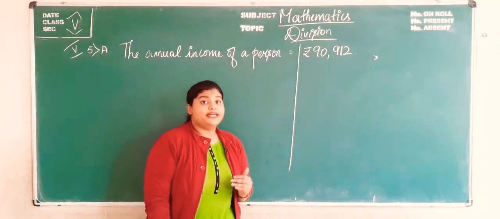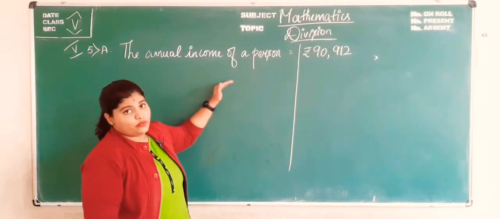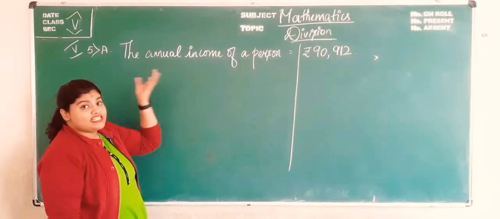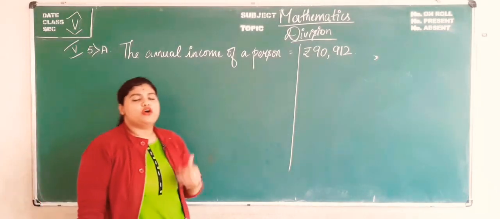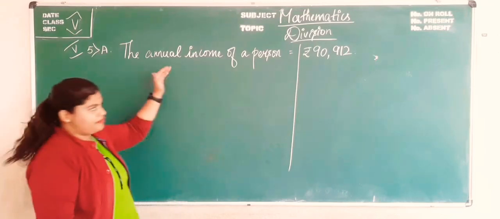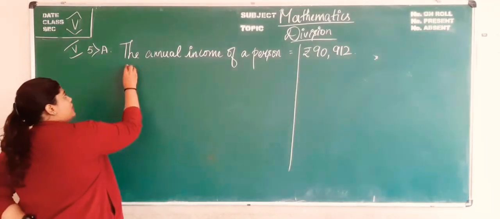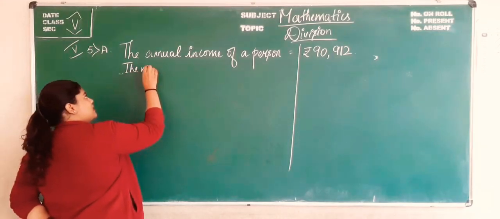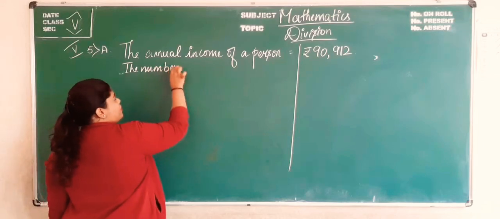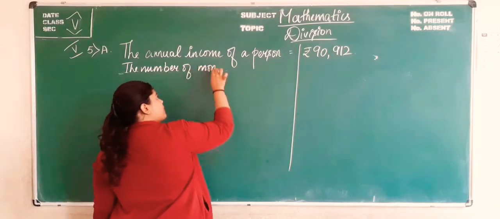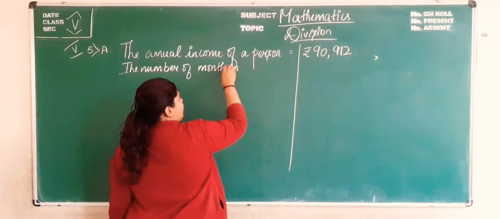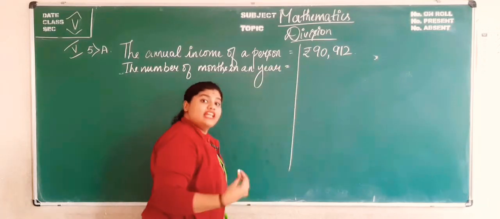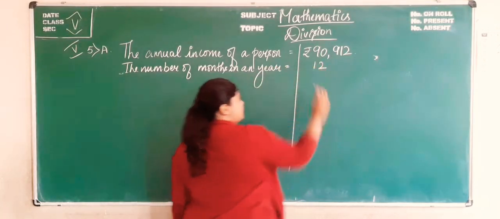We are finding out the monthly income. Before that, we have to write one more statement. Yes, we should write what annual income is. Annual income is yearly income. How many months are there in a year? Yes, that should be written next: the number of months in a year is equal to 12.